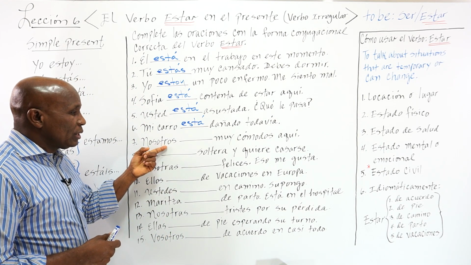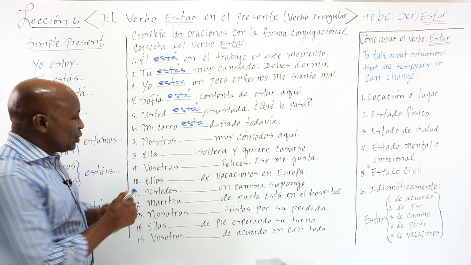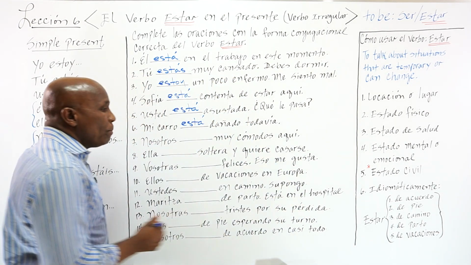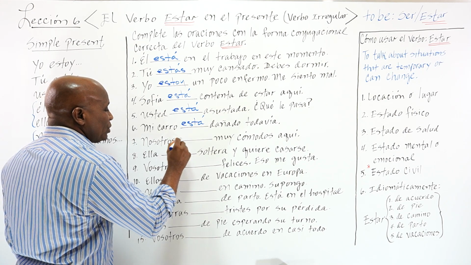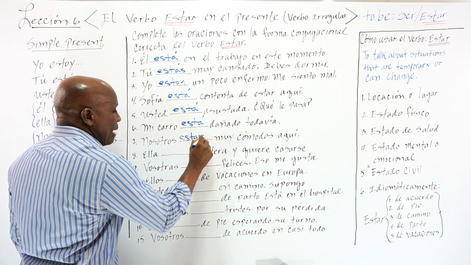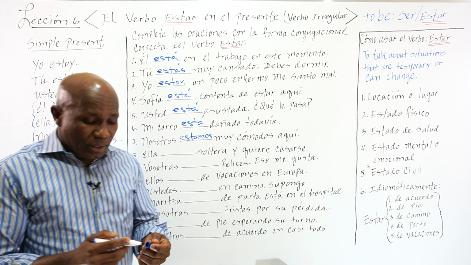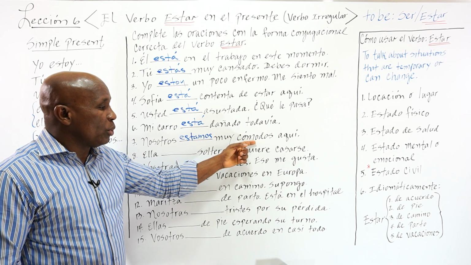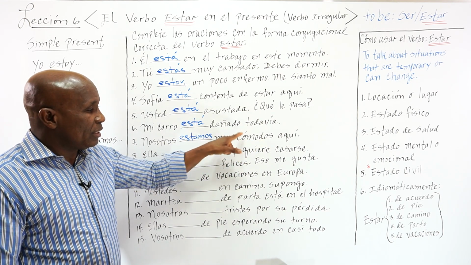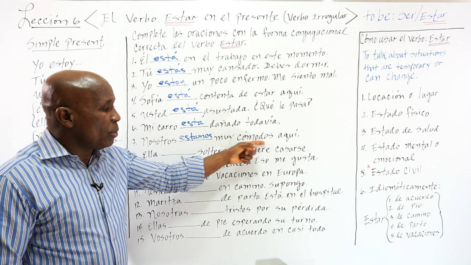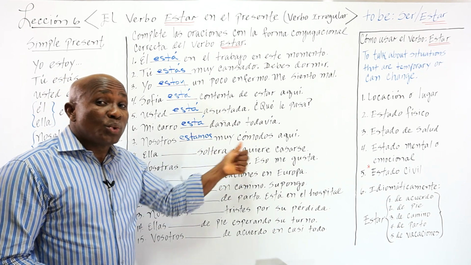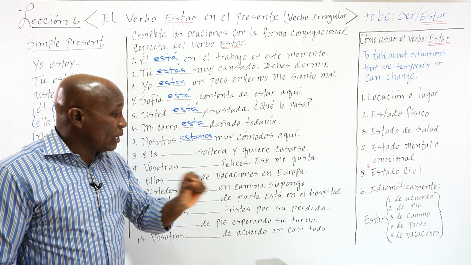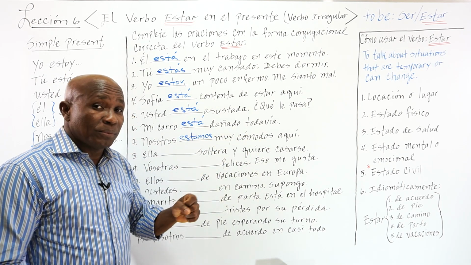So, nosotros estamos muy cómodos. Nosotros estamos muy cómodos aquí. We are very comfortable here. Nosotros estamos muy cómodos. Cómodos. You see the marked accent here? Cómodos. Because this word is esdrújula. The stress syllable, I should say, is the third.